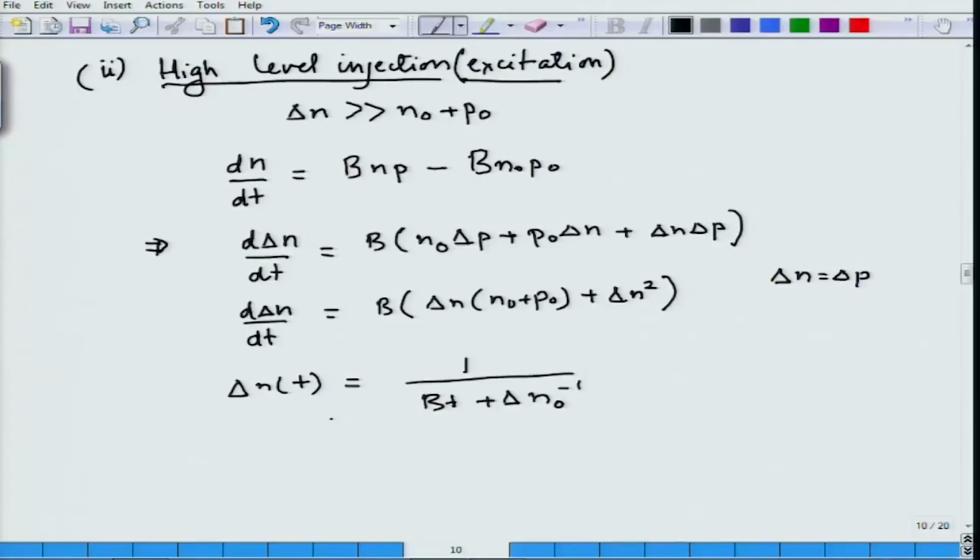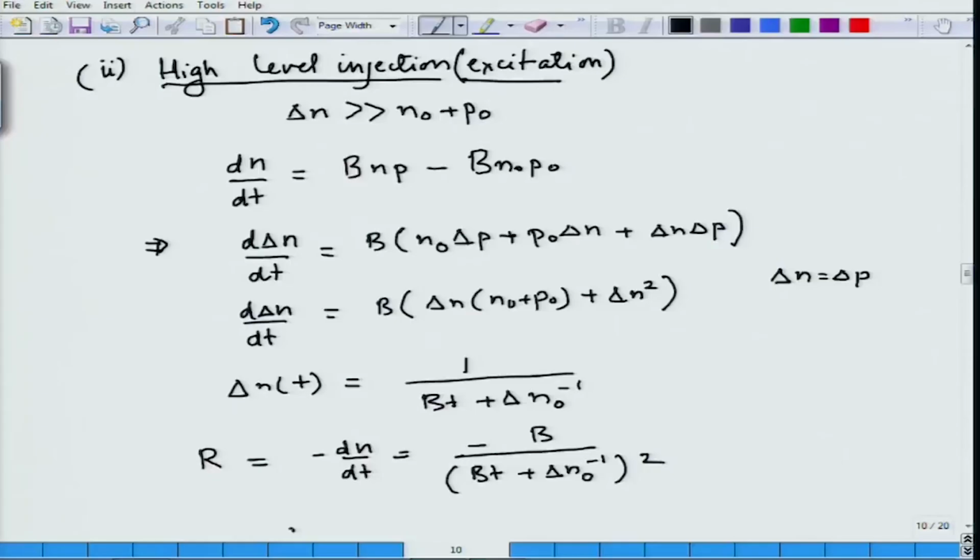So, for high level injection, the rate will be given by negative of dn/dt, or negative of B over (B t plus delta N naught inverse) squared.